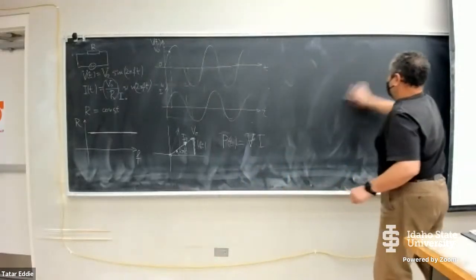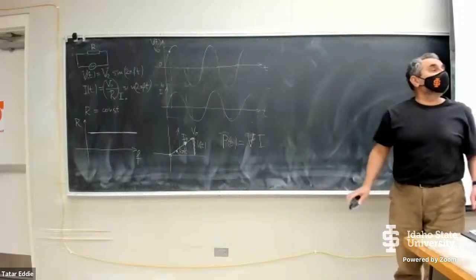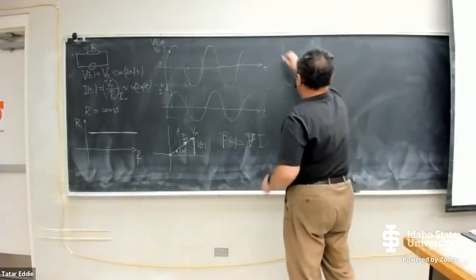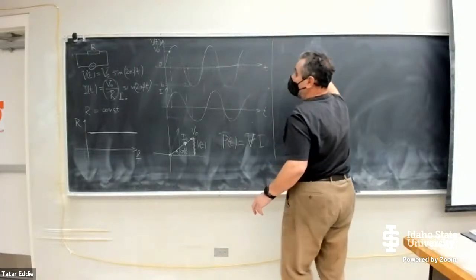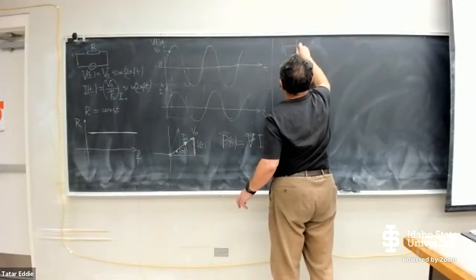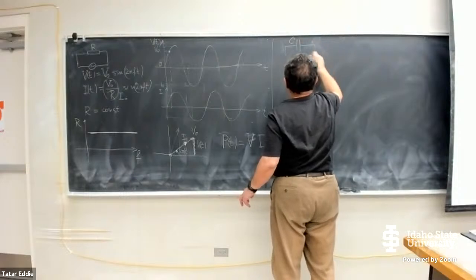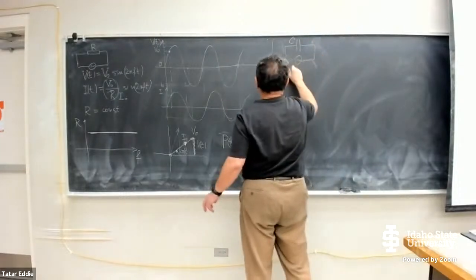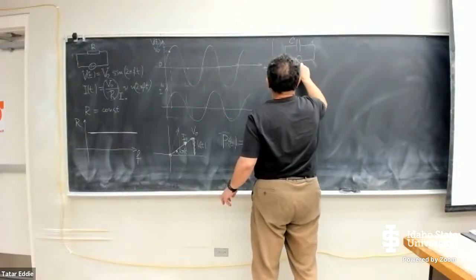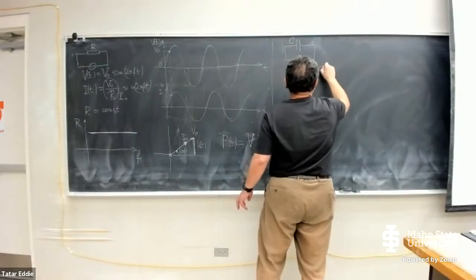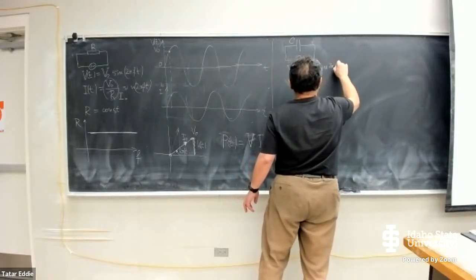Now, let's repeat the same procedure for another simple circuit. A simple circuit now that contains a capacitor only, a capacitor with capacitance C connected again to an AC voltage supply that has exactly the same time dependence, V naught times sine of 2 pi f t.